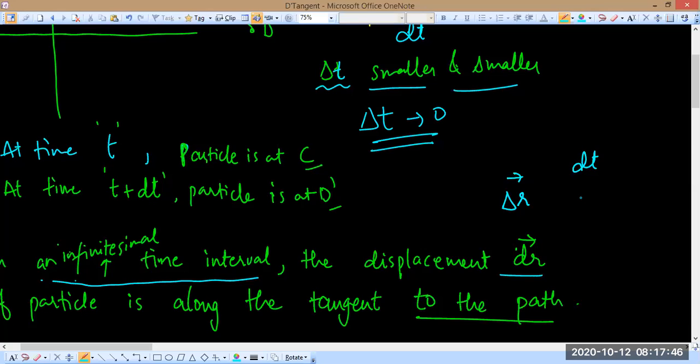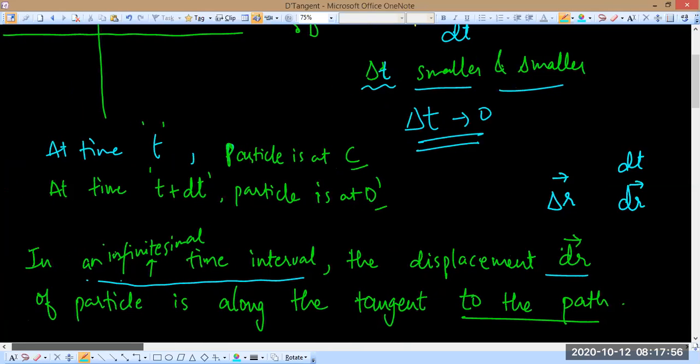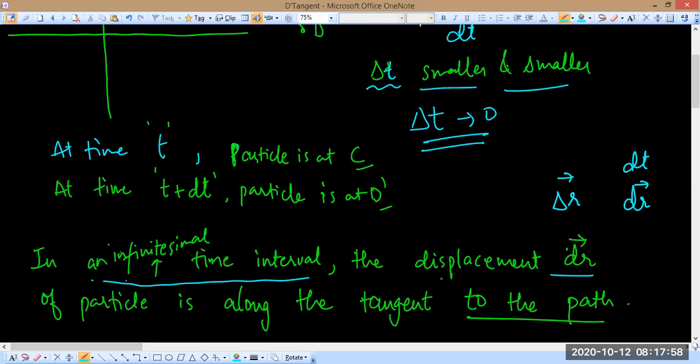It is going to move a very little distance, very little displacement. So that's why we write dr vector. Once again, in that very small time interval, the displacement is dr vector, and that is along the tangent to the path.